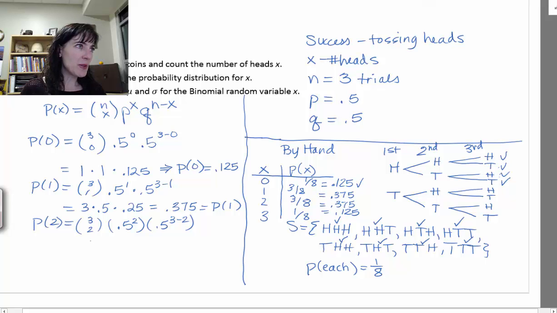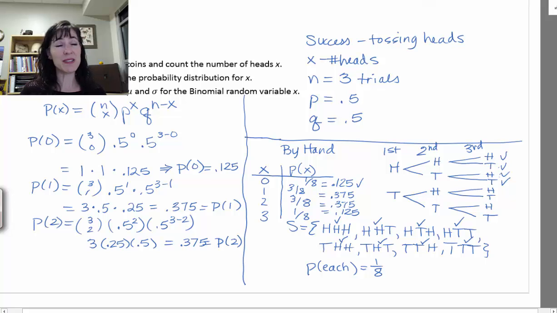That's going to give me 3 choose 2, which gives me a 3, times 0.25 times 0.5, which also ends up 0.375, and that's the probability of seeing 2 heads. So far we're matching what we did by hand over here, and we have one more to do.